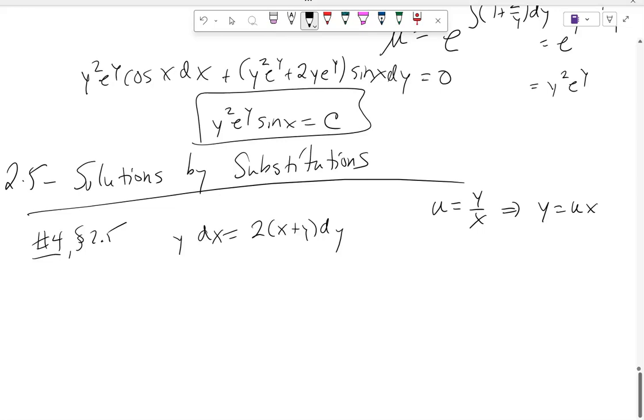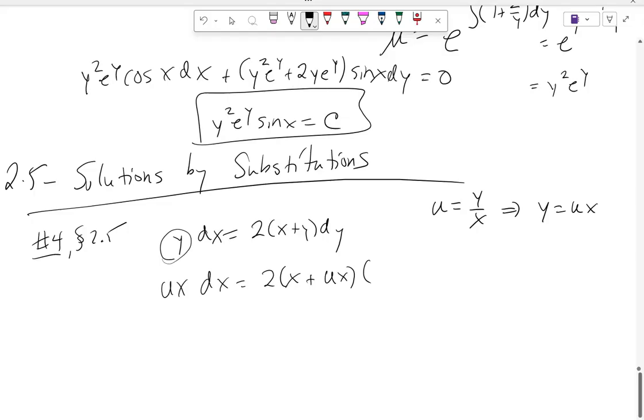So let's see what happens when we do that. The first pieces are easy. There's only one slight little tricky part, but it's not very tricky. Here we'll plug in u times x for the y, so we get ux dx. I'm not going to plug anything in for the x. I'll plug in ux for the y here.